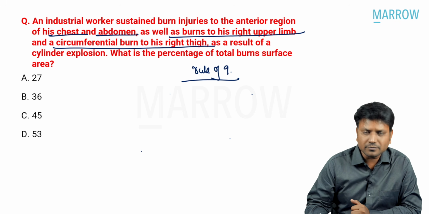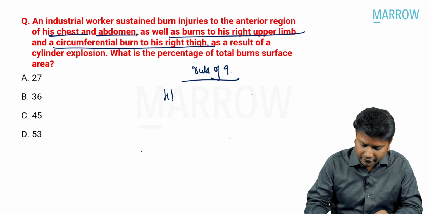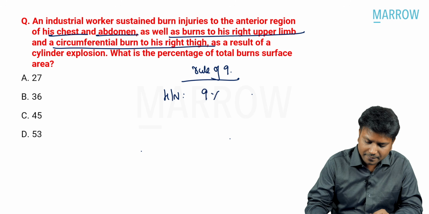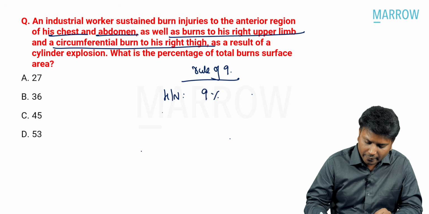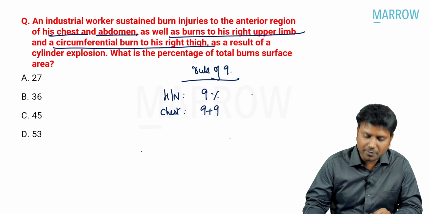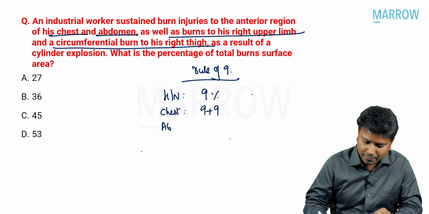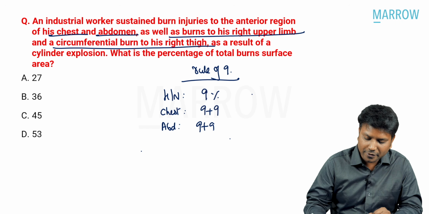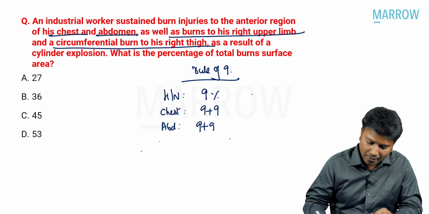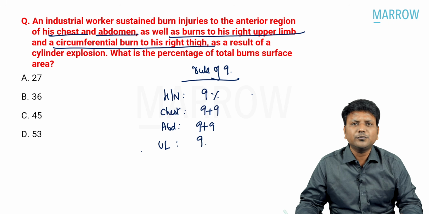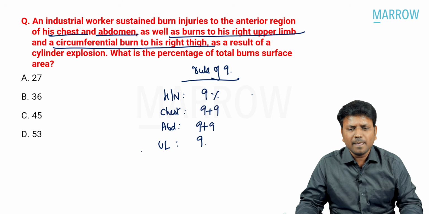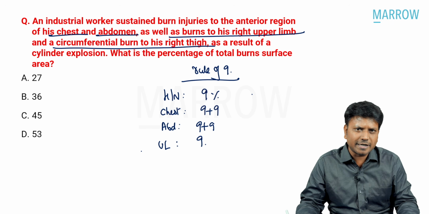In an adult, the head and neck is 9%. The chest is 9 plus 9%, front and back. The abdomen is again 9 plus 9%, front and back. For the upper limb, including front and back, it is 9%.